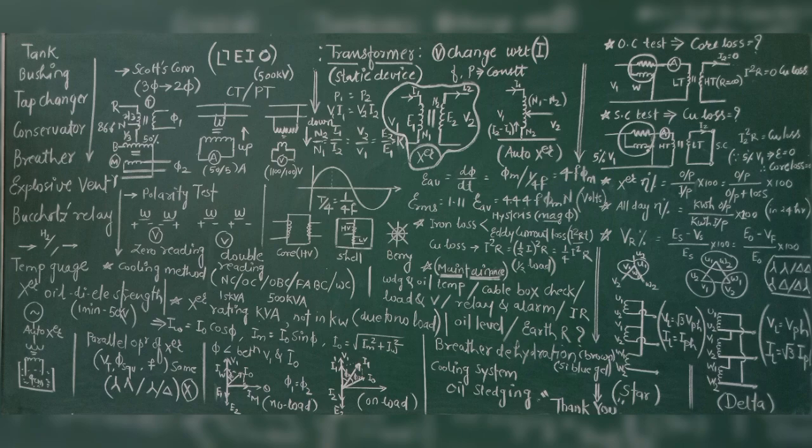The AC primary current produces an alternating flux in the core. Most of the changing flux gets linked with the secondary winding through the core. The varying flux will induce voltage in the secondary winding according to Faraday's law of electromagnetic induction.